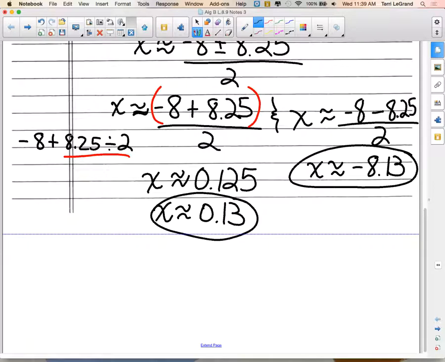Okay? So again, I bet if we didn't use those parentheses, it would not have led us to this answer. Would you just give it a try for me, please? -8, no parentheses. -8, subtract 8.25 divided by 2. You get the same answer?